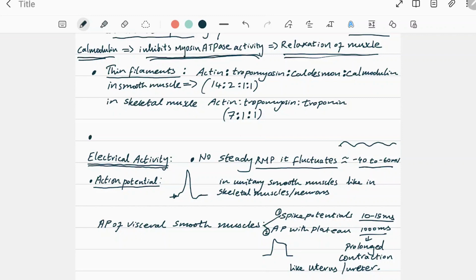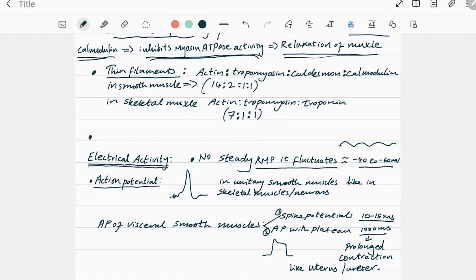So it does not have to have a big action potential and then cause a burst, a spark of calcium to be released into the cytoplasm. It doesn't work that way. Here, you give a little calcium, the muscle contracts a little bit. You give more calcium in the cytoplasm, the muscle will contract even more. So it's another differentiating point from skeletal muscle.